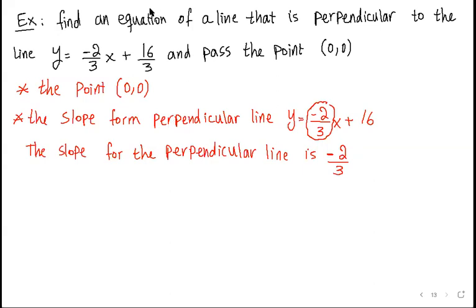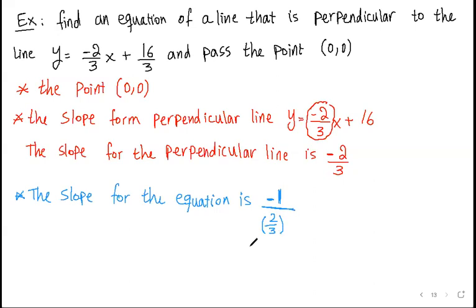So the slope for the equation I am looking for is -1 over this slope, over 2 over 3, negative.